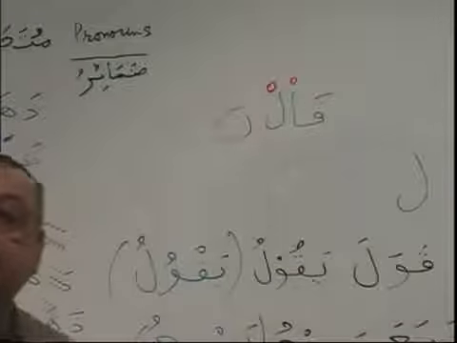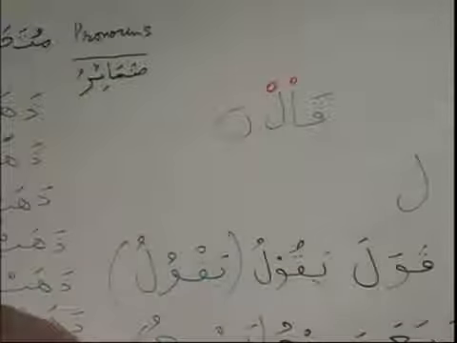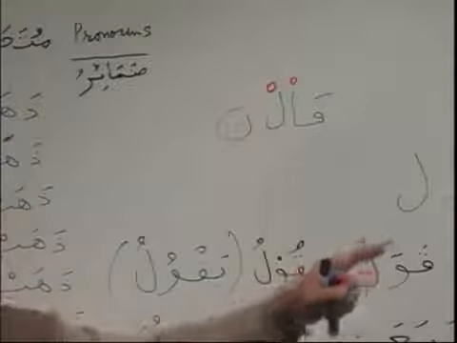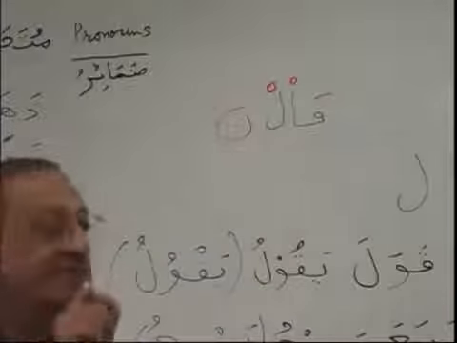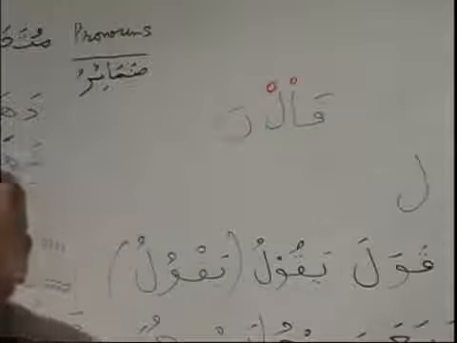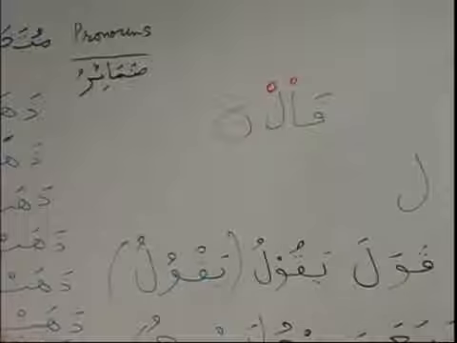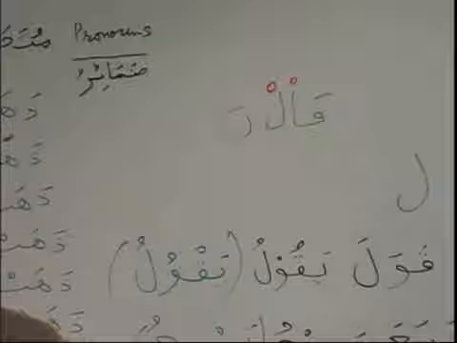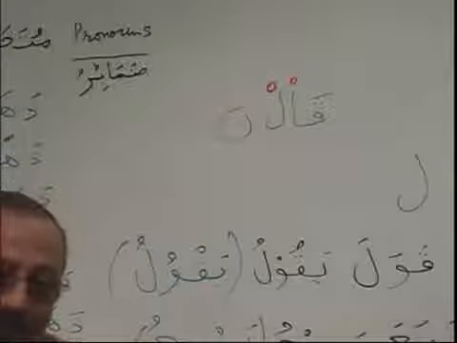Then if there is a meeting of two letters, two sakin, okay, and if one letter happens to be a weak letter, waw or ya, you drop it. But what happens when both letters are sound? You can't drop it, brother.